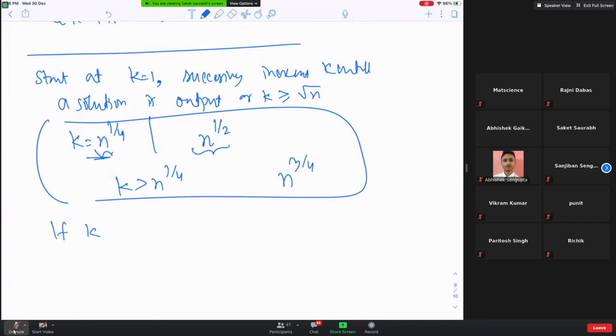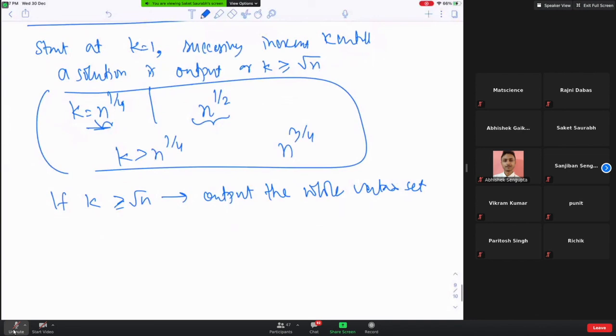If you have gone beyond root n, what should you do? If K is more than root n, then I would like to output the whole vertex set as before, because now we are guaranteed that the minimum vertex cover size is at least square root n. Then we simply output the whole solution.